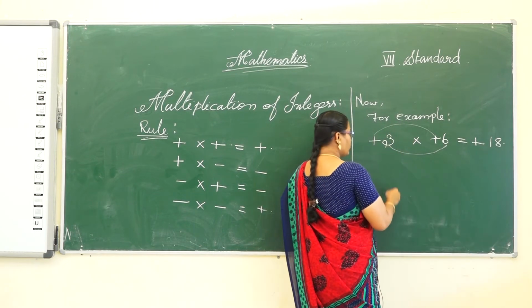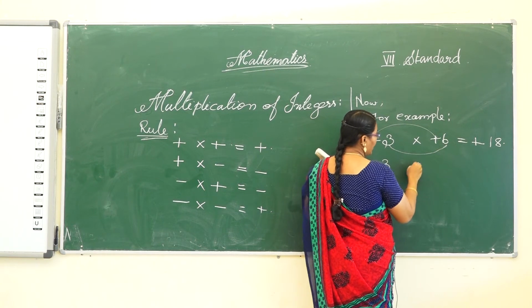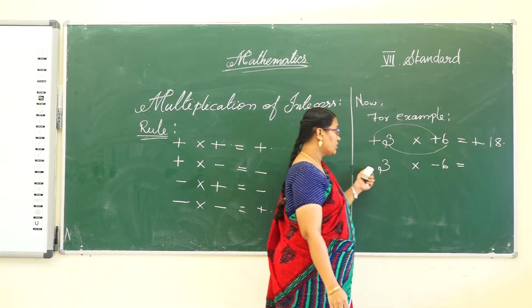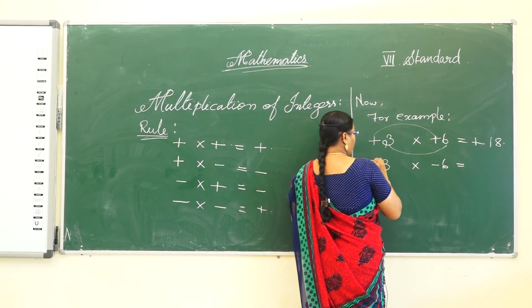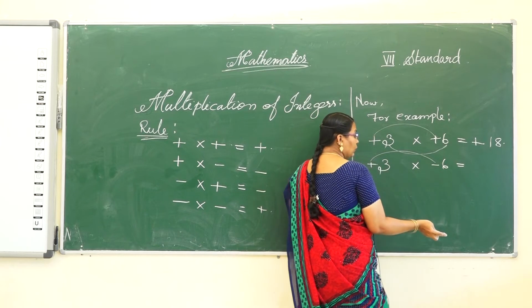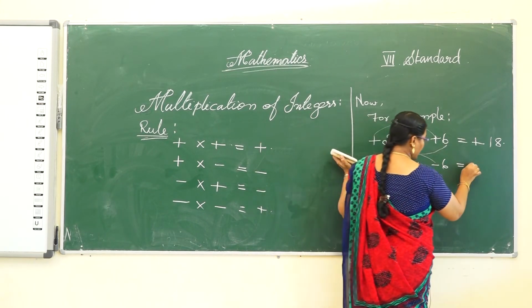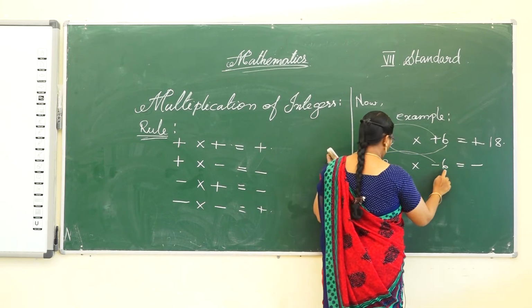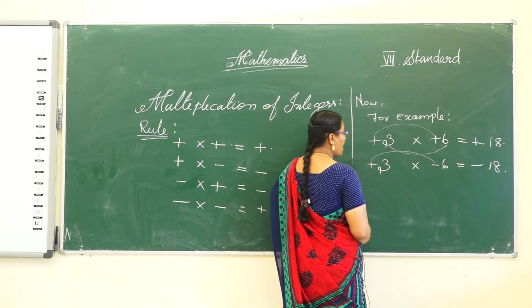Next, one positive value and one negative value are given. Positive into negative is negative. So first write the sign, then multiply the numbers: 3 sixes are 18.